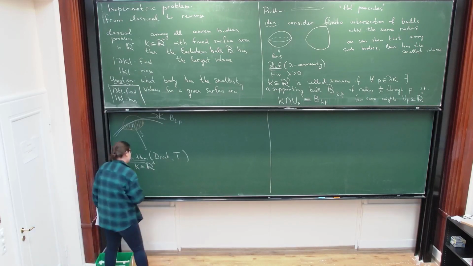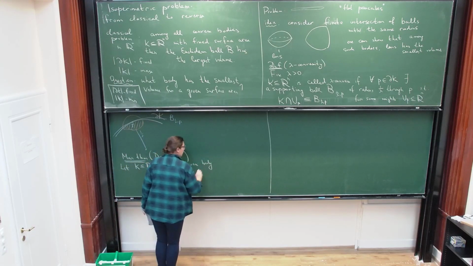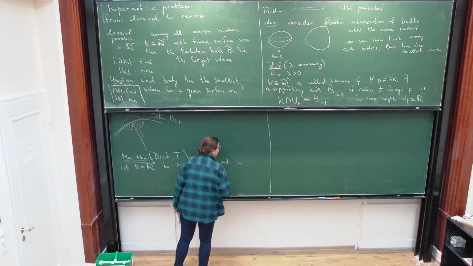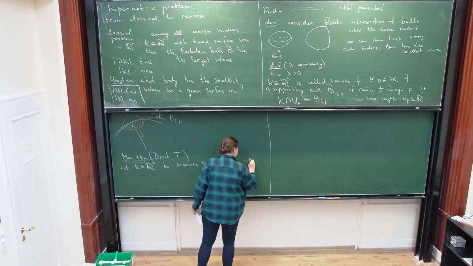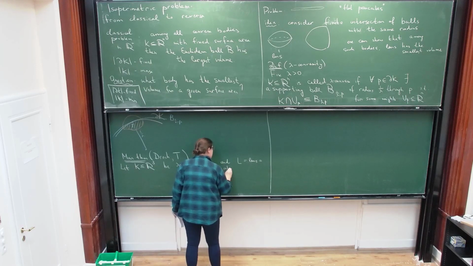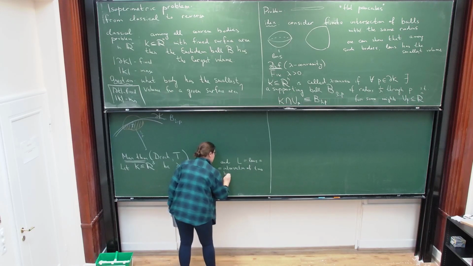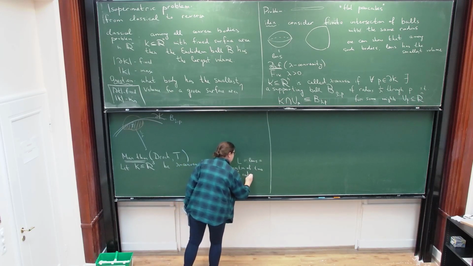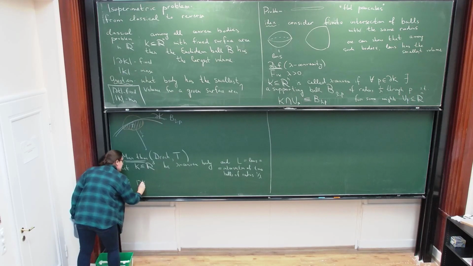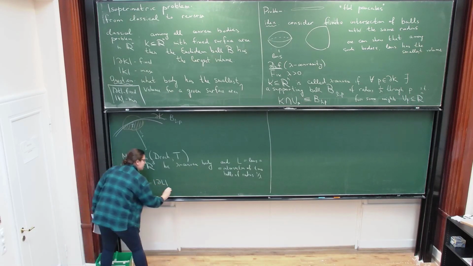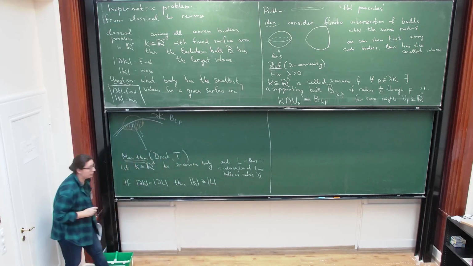But what we can say is that if we have a lambda convex body, and let me denote by L the lens, just the intersection of two balls of radius 1 over lambda, then if the surface area is fixed, the lens has the smallest volume.